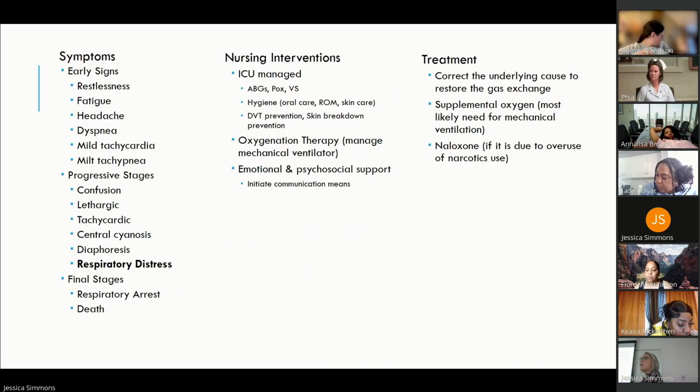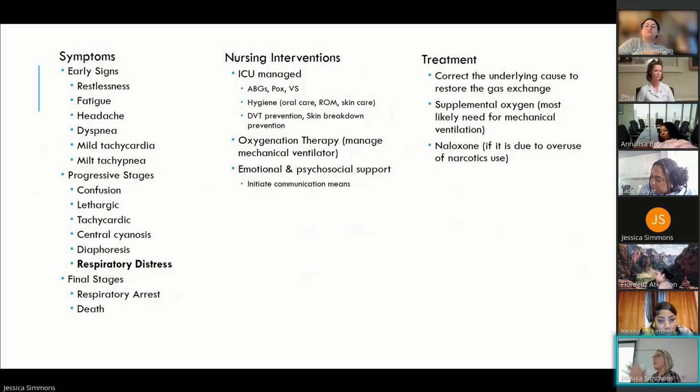When hypoxia gets worse and hypercapnia, which is an increase in carbon dioxide, gets worse, your symptoms progress to confusion, lethargy, tachycardia, cyanosis. See how it says central cyanosis? Central means the central of your body, the core of your body. Diaphoresis and respiratory distress. And then the final stages is respiratory arrest and death.